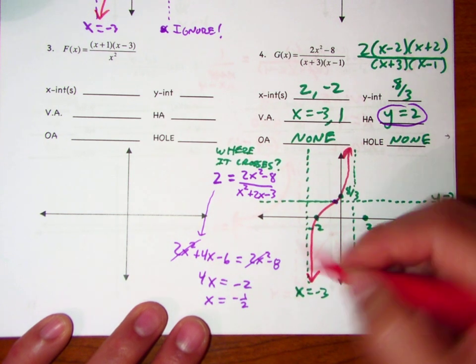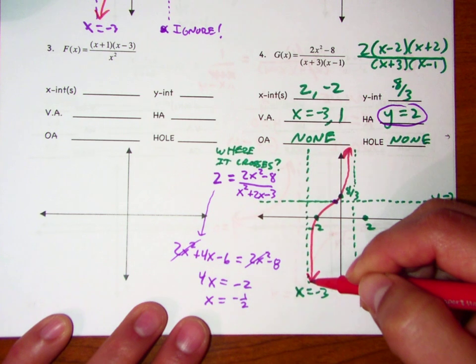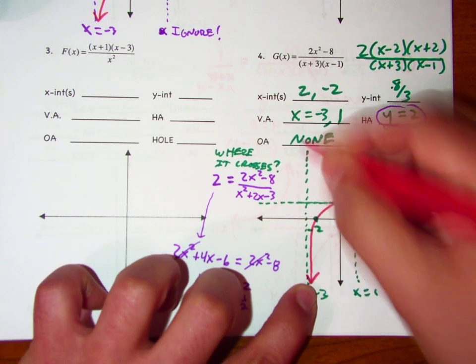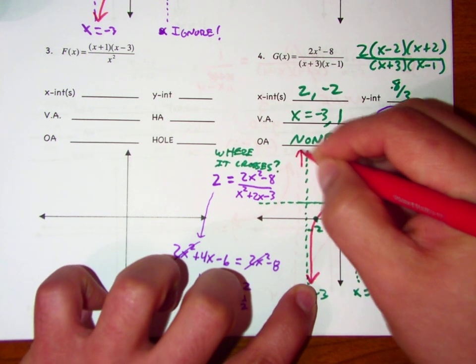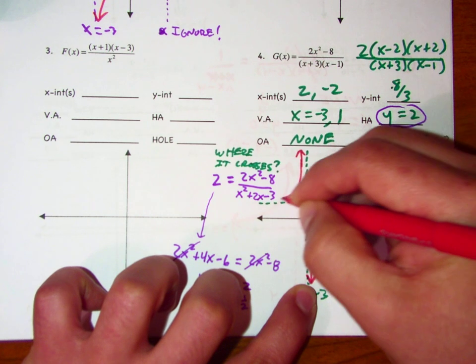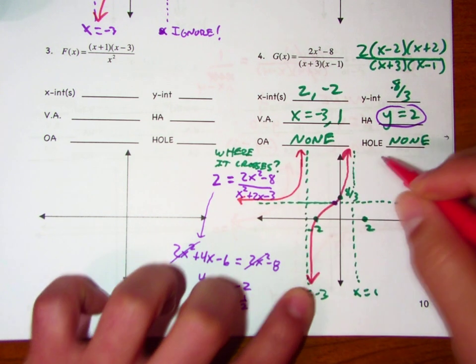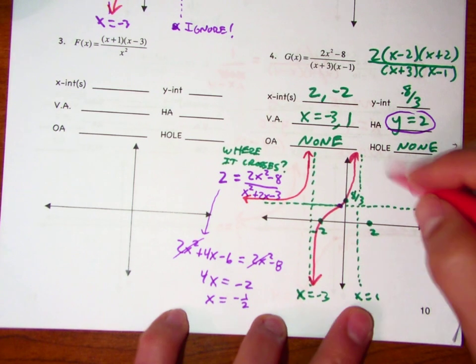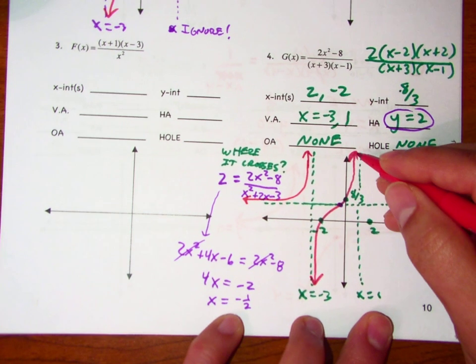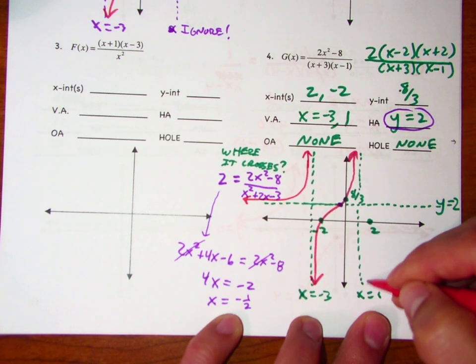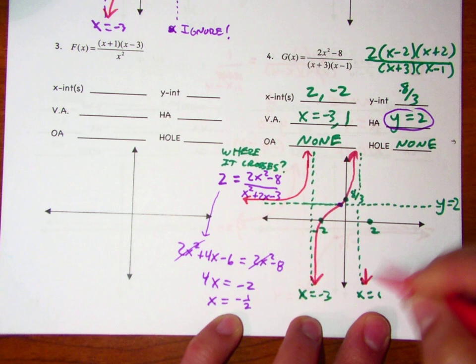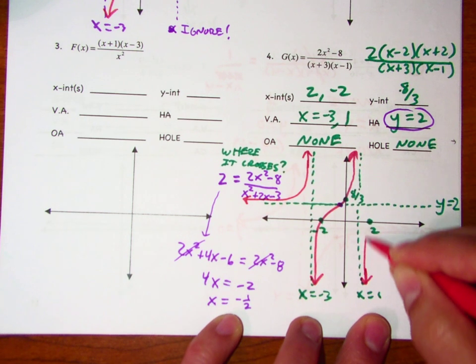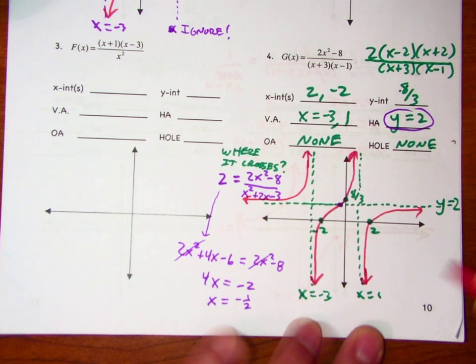So if we're heading down on the right side of this first one, then we should be heading up on the left side. And so that means we're going to have something that looks roughly something like that. We've already filled this one in. Same with this one. If this one's heading up on the left, then on the right it should be heading down. And you can see right there, that makes sense because now it's going to go up and hit 2 and then do something like that.